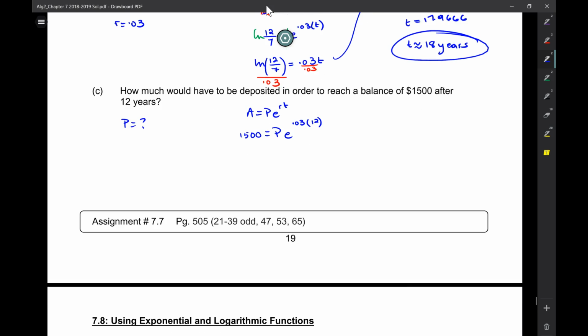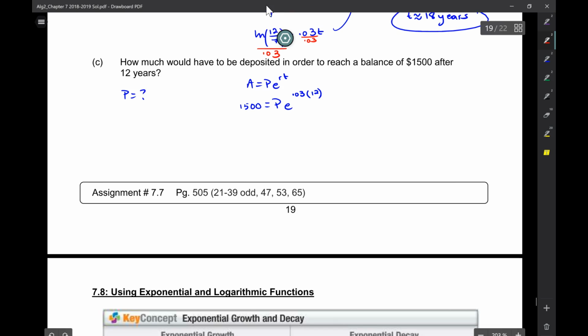Okay, 1,500 is 1,500. P is unknown. Here I have e to the 0.03 times 12. That entire thing is just a number, right? It's 2.7 to the power of something. So what I'm going to do here is divide by that whole thing. So P is 1,500 over e to the 0.03 times 12.